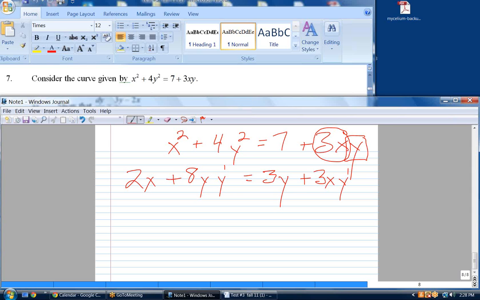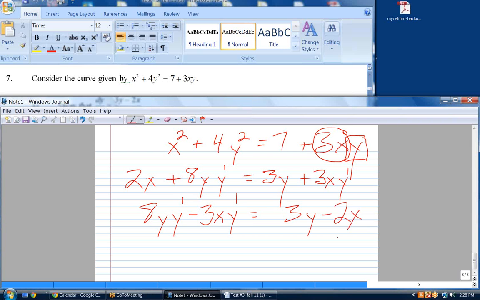Remember, we're trying to solve for y prime. So I would say moving the y primes both to the same side, and moving everything else to the other side.